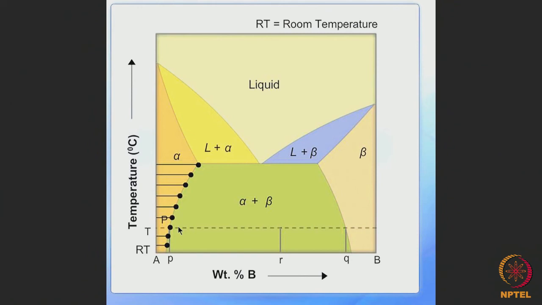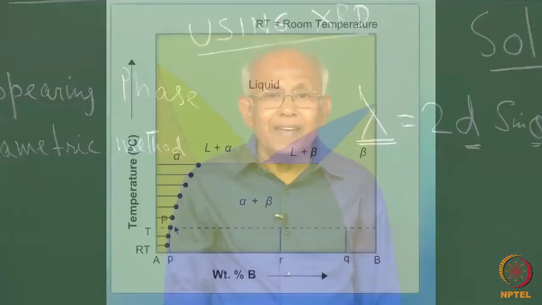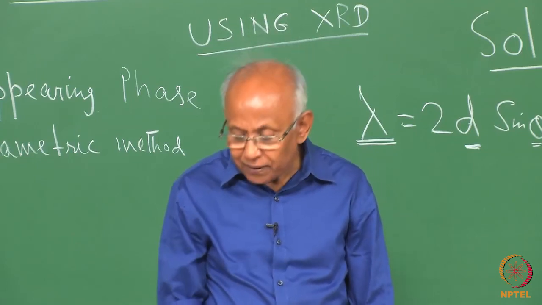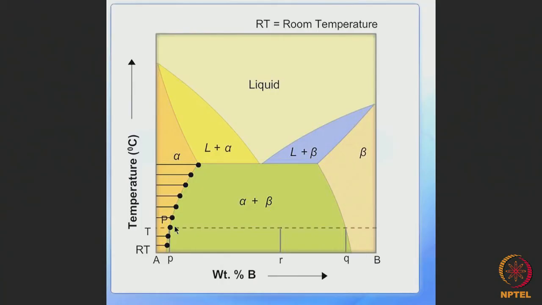Now, if I make an alloy farther down, a lower weight percent of beta, say an alloy of this composition, when we take the diffraction pattern at this temperature from the sample, again I will find lines of alpha and beta, and in this case the beta lines will be much weaker because the amount of beta in the sample is much less.